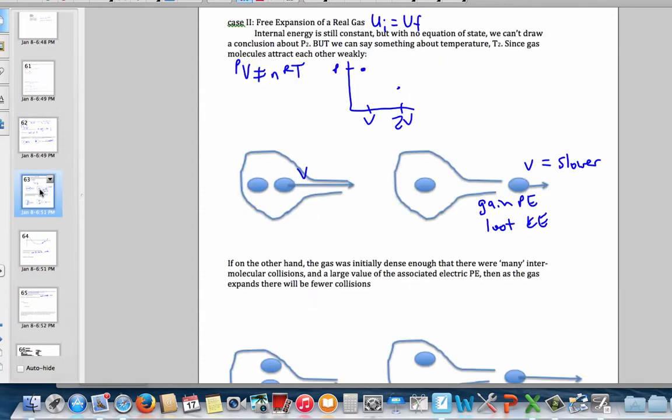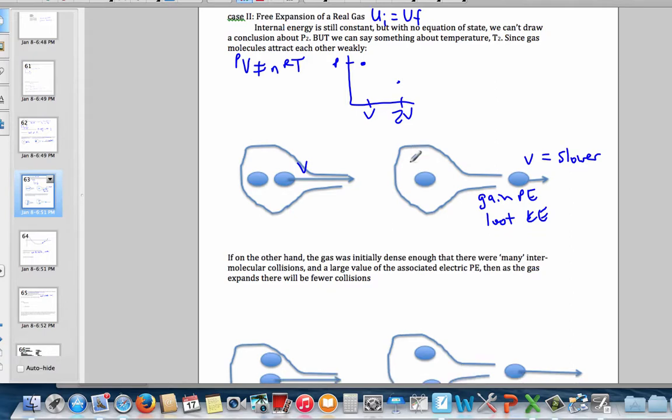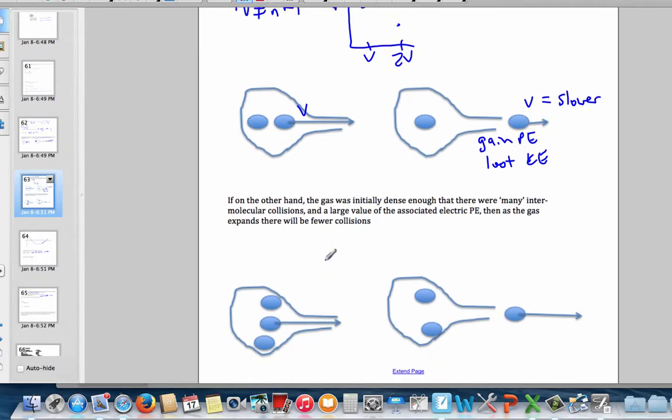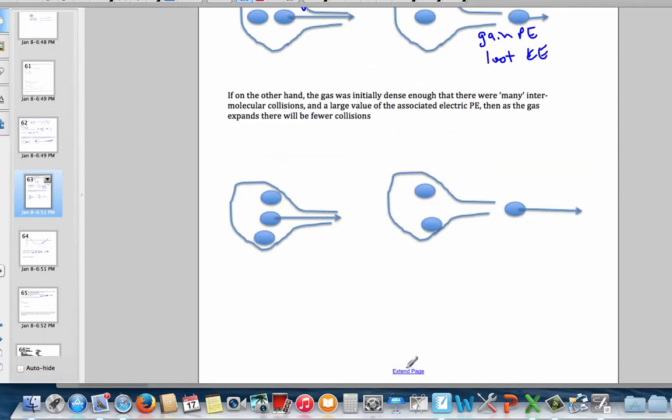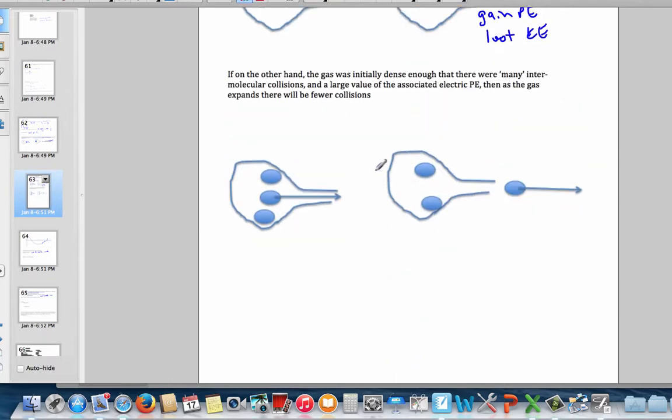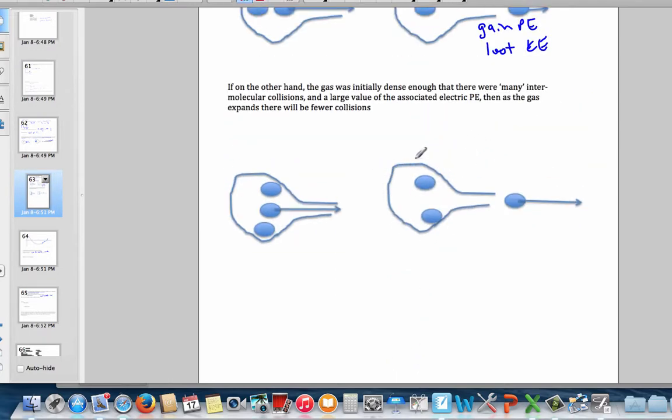But it turns out that there are some gases where the initial concentration is so high, there are so many intermolecular collisions, that as the expansion occurs, the number of collisions actually goes down. And that means there's less interaction between the electron clouds than there was before.